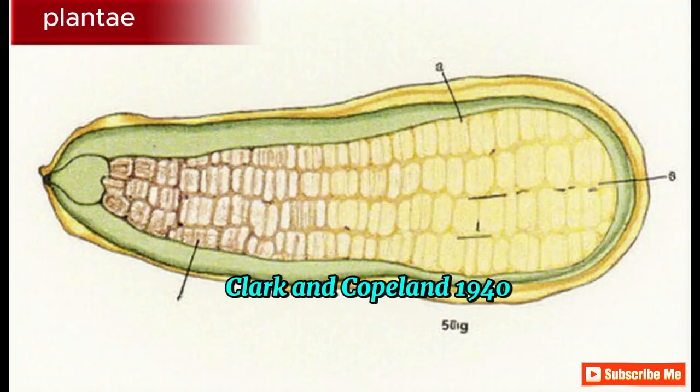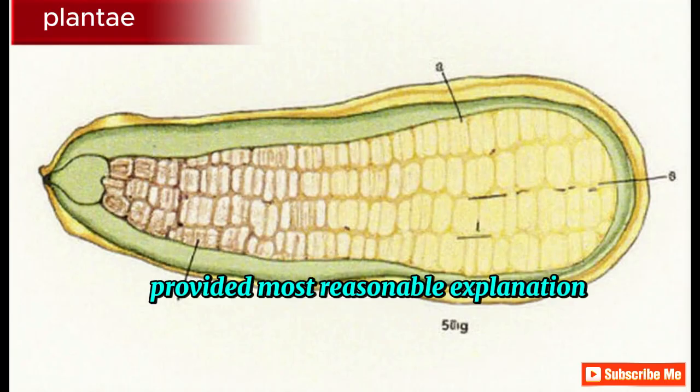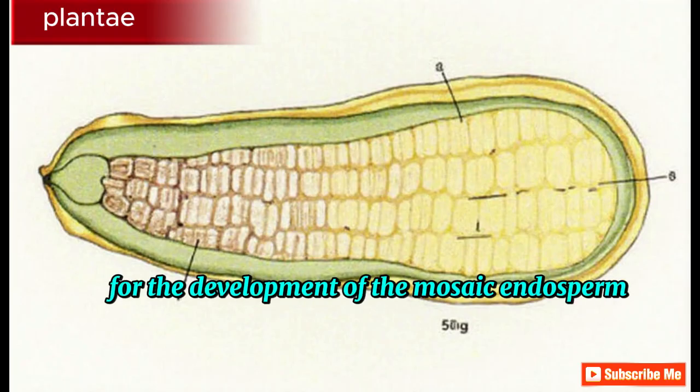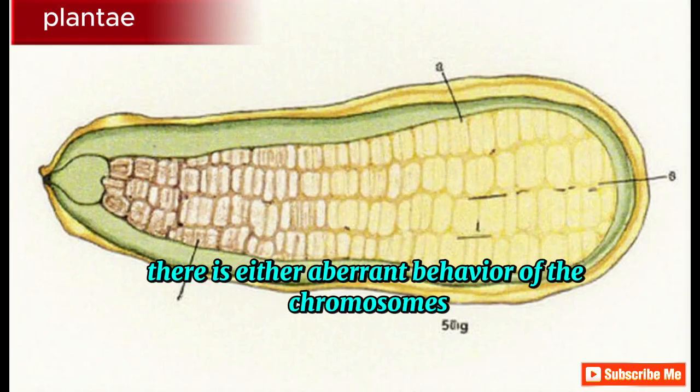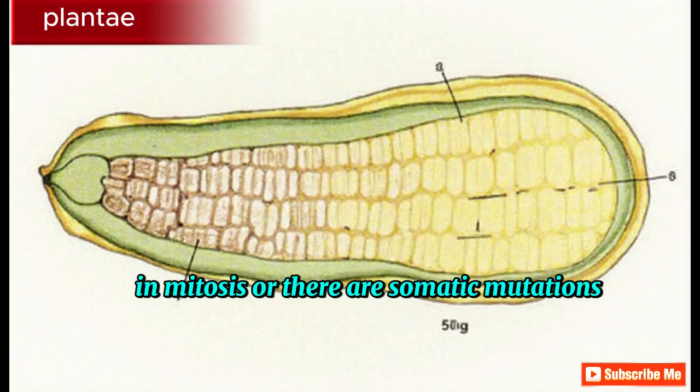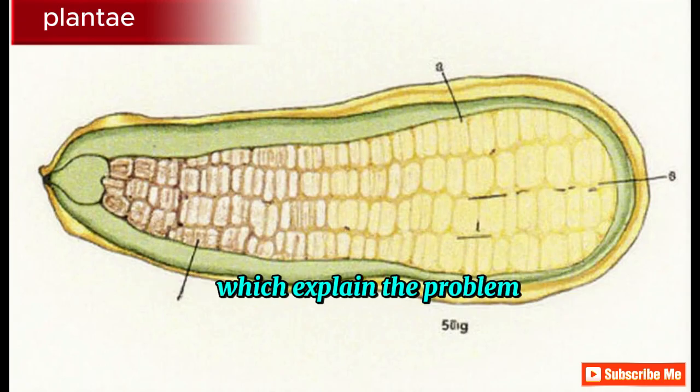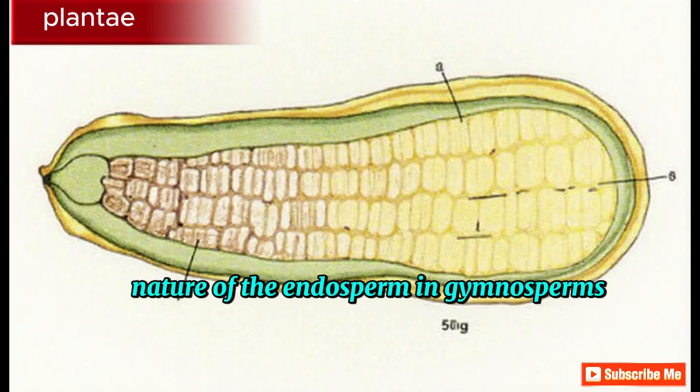Clark and Copeland, 1940, provided the most reasonable explanation for the development of the mosaic endosperm. According to them, there is either aberrant behavior of the chromosomes in mitosis, or there are somatic mutations which explain the problem. Nature of the endosperm.